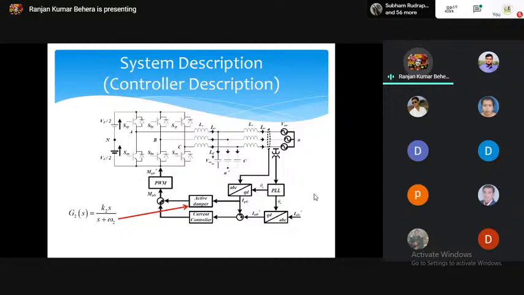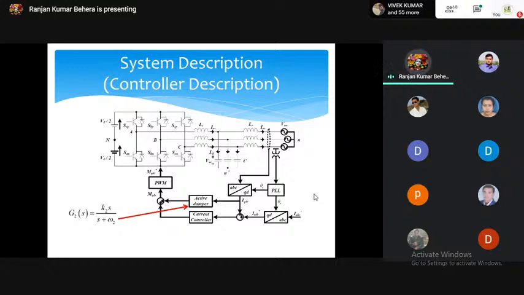So from there, how can you design? One is, as I told you, the current controller. For the current controller, you need information of theta, because without theta you cannot synchronize to any grid. So when we get this theta from the PLL, you find the D axis and Q axis currents, and we have a current controller, and then the PWM switches on.